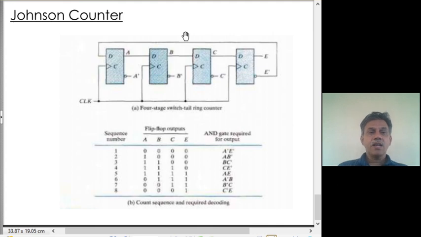If you have 4 flip-flops, we saw that by using it as a shift register, we can generate 4 timing signals. If that is not enough and you are interested in more timing signals, 16, you can use 4 flip-flops as a 4-bit counter and a 4 to 16 decoder and generate 16 timing signals. Well, the decoder is very complex.